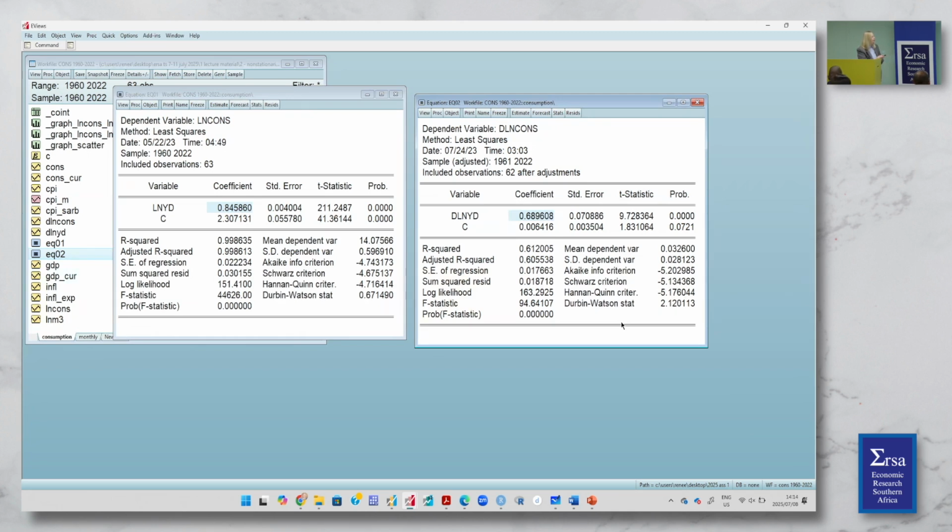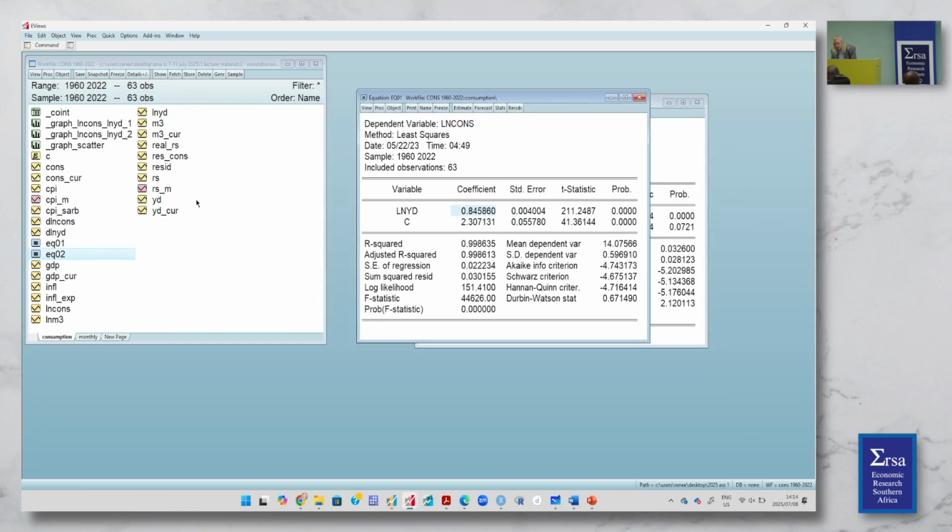So one easy solution, because of the fact that, let's just look at those graphs.